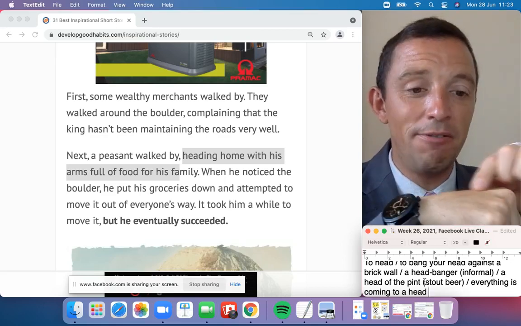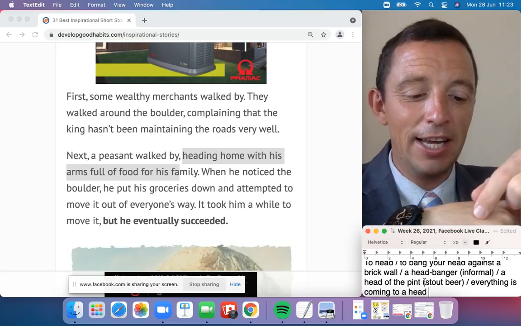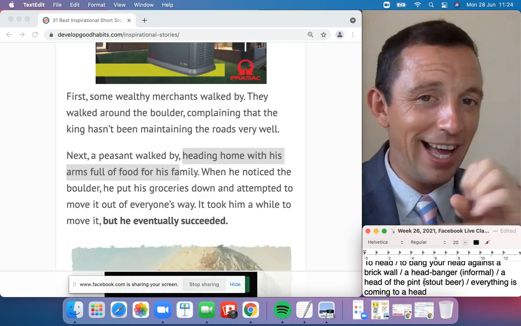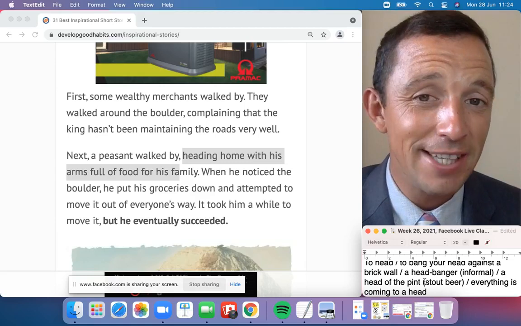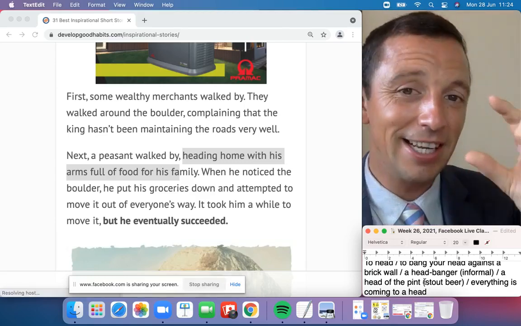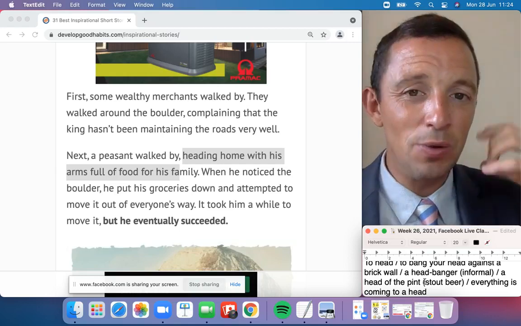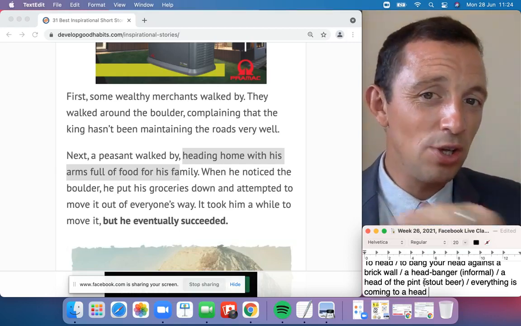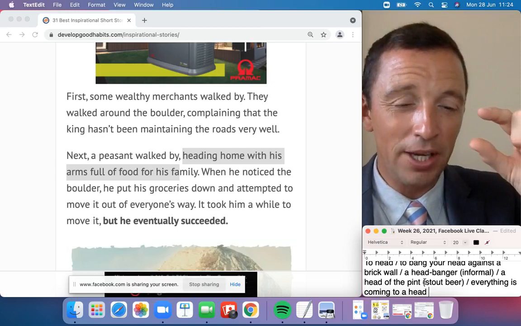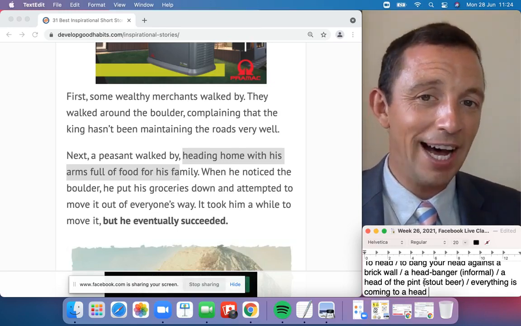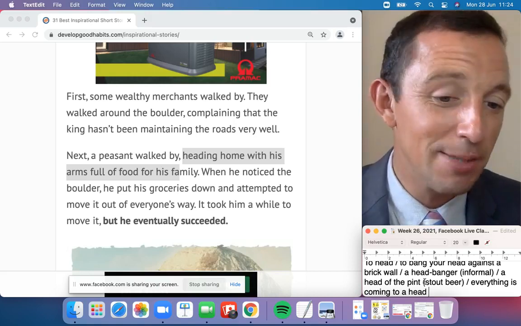If you have an infection on your hand and the infection comes to a head, the significance is it comes to the top and then explodes. So if everything is coming to a head, the significance is it's accumulating, and eventually you need to find a solution. So you will finish the problem because it's coming to a head, and when it comes to a head, it usually explodes and finishes. Okay, so that's possible as well.